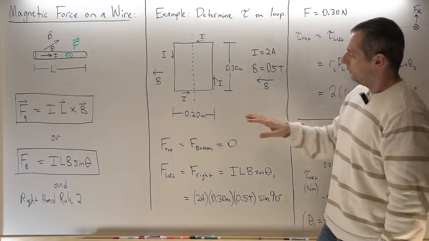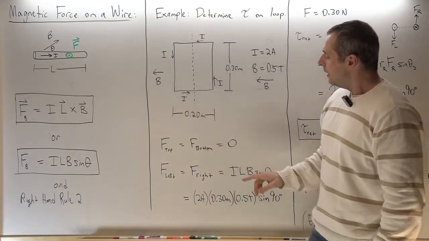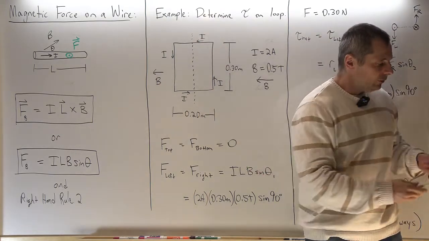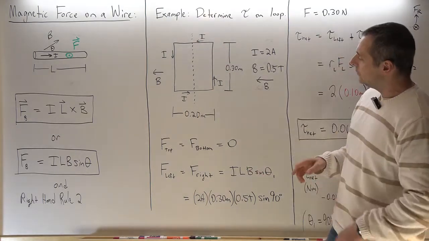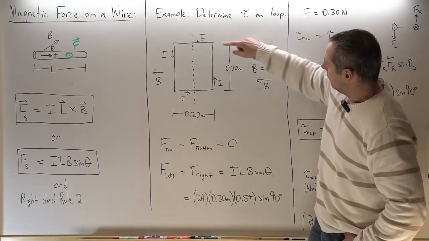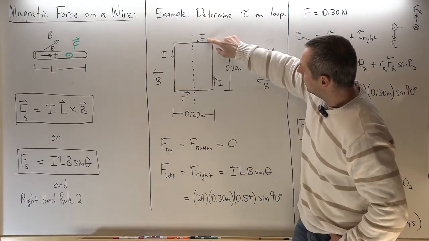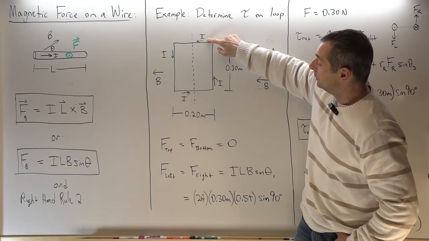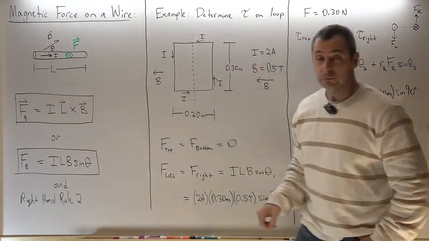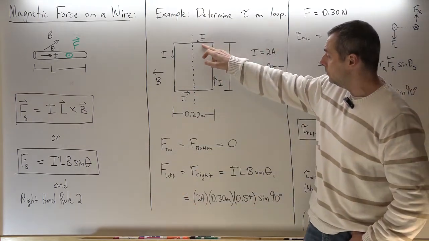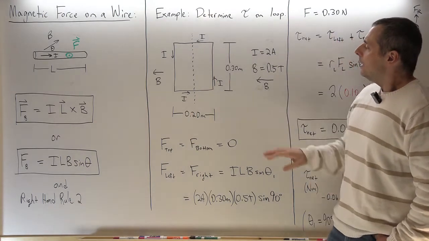So along the top and bottom, the magnetic force is 0. Why is it 0? Because this magnetic field and the current are at an angle of 0 degrees apart. You plug in 0 here, ILB sine 0, you get 0 newtons on the top and bottom.